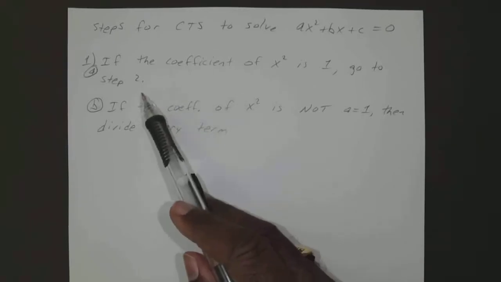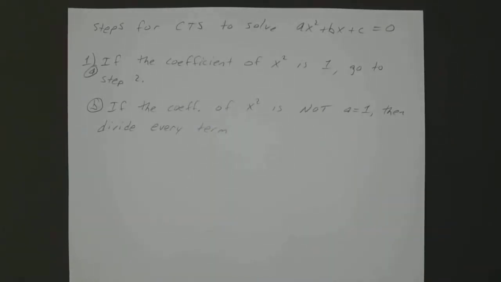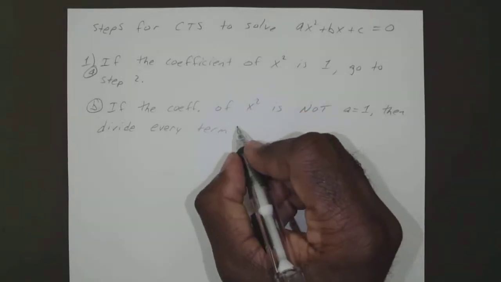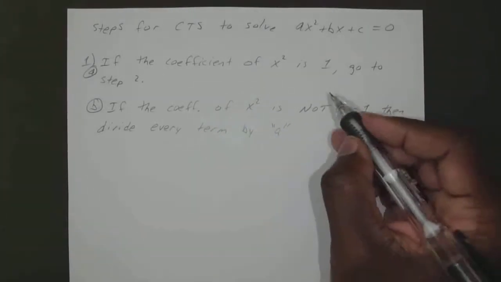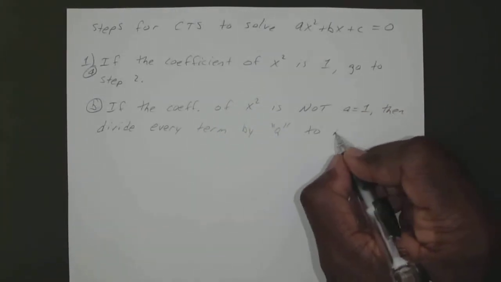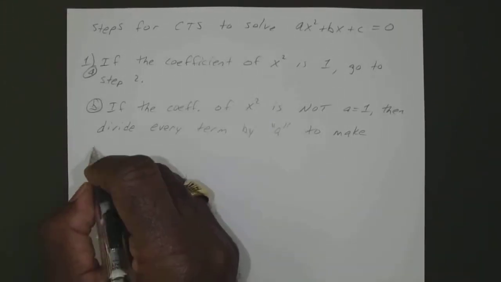So if you had 7x squared plus 5x plus 2, then you divide every term by that 7. So whatever that a value is, to make the coefficient 1.